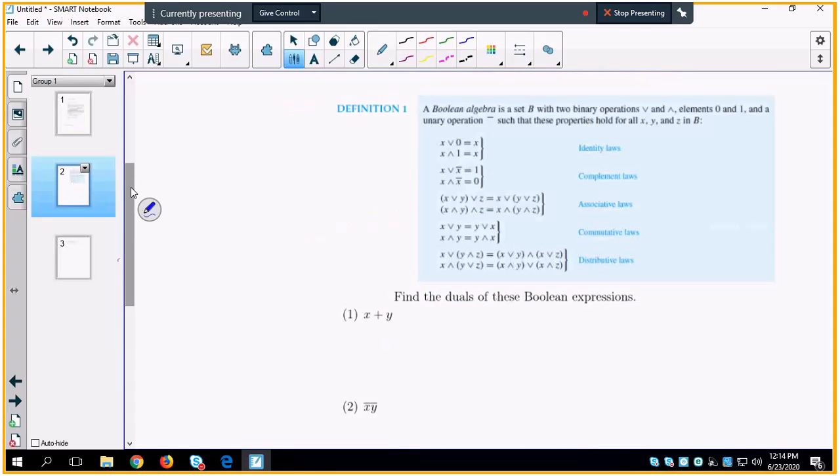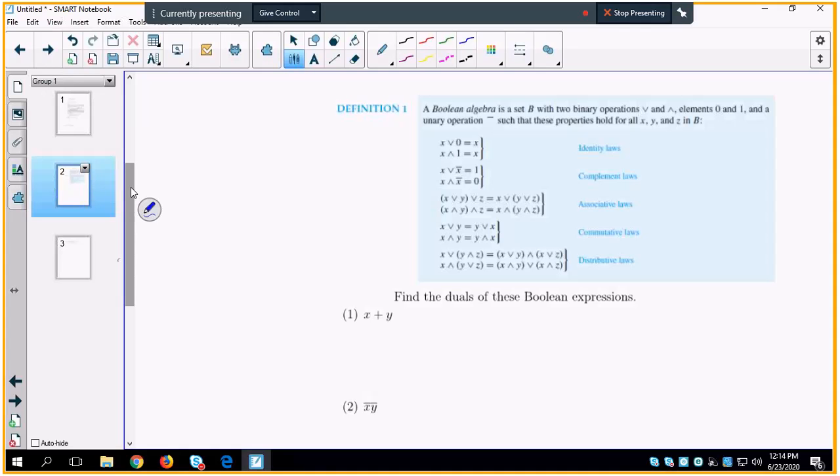A Boolean algebra is a set B with two binary operations, OR and AND, elements 0 and 1, and a unary operation, complementation, such that the following properties are all true for any x, y, z in the set B. So x OR 0 is x, x AND 1 is x, that's the identity law. x OR complement of x is 1, x AND complement of x is 0, that's the complement law.